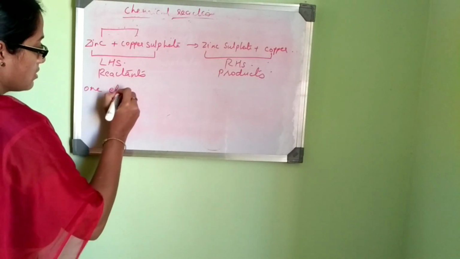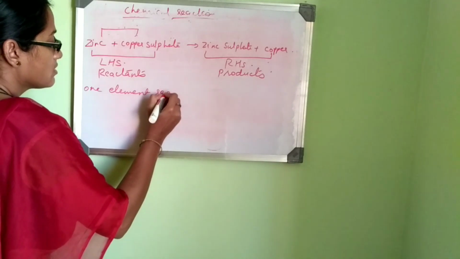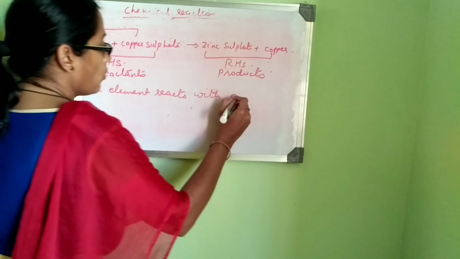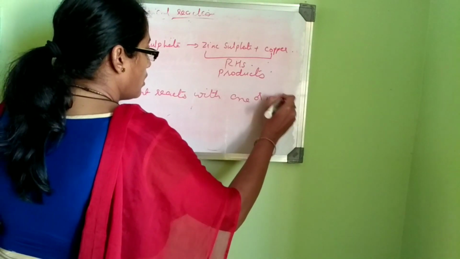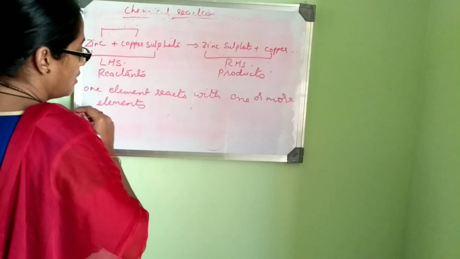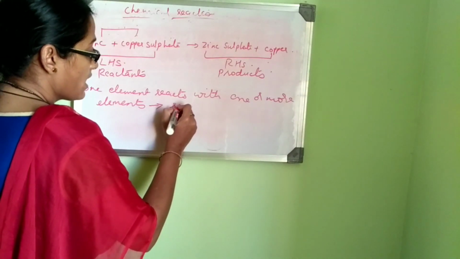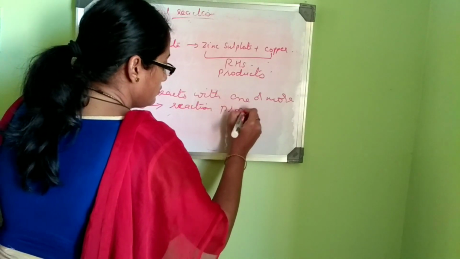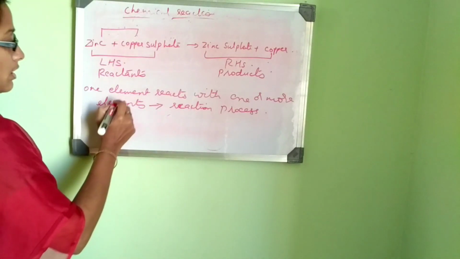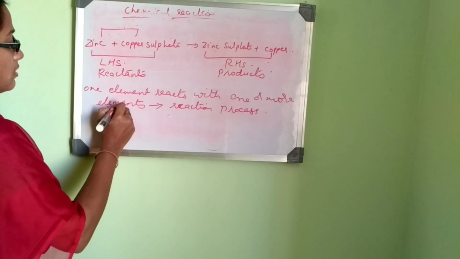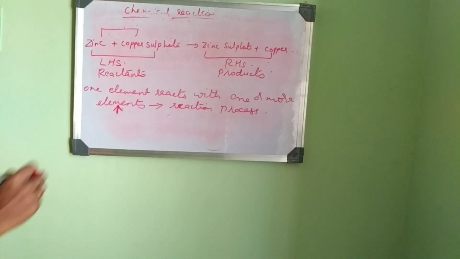They are called reactants because one element reacts with one or more elements, there is a reaction process, and thus the elements involved in this process are known as reactants.